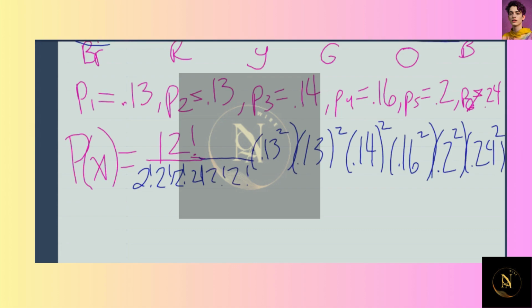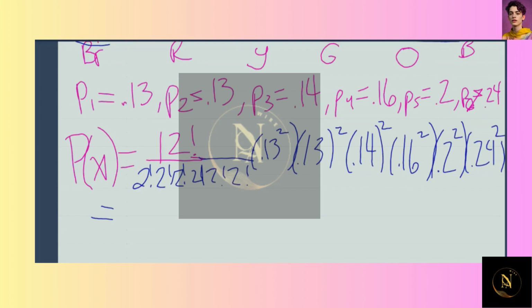All right, so now we're ready to do the math. So we need to do 12 factorial divided by 2 factorial times 2 factorial, so on. Now it turns out 2 factorial is just going to be 2, so we're actually able to do 2 times 2 times 2 times 2, like 2 to the 6th power, basically.